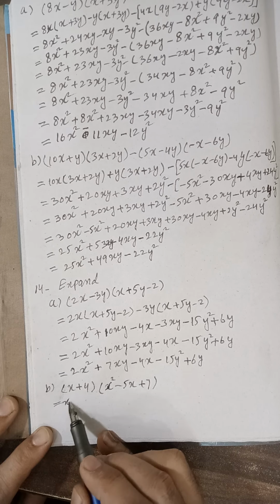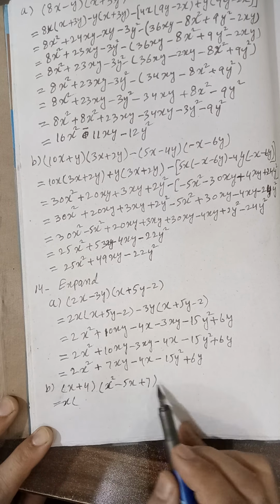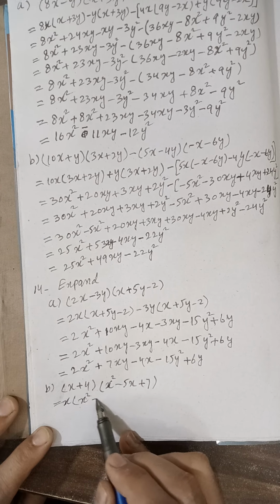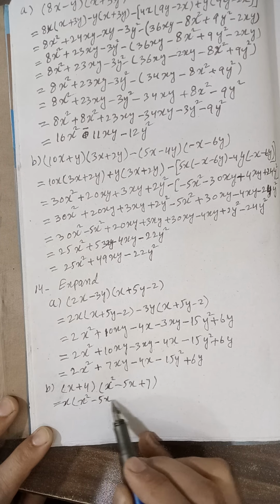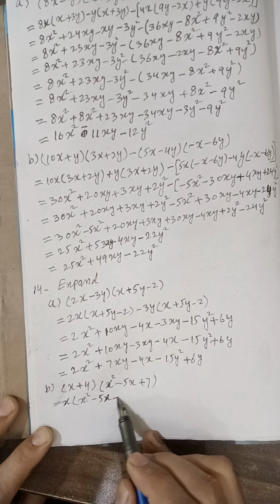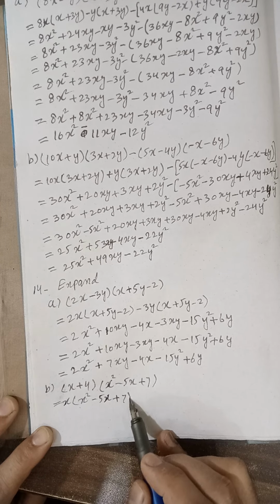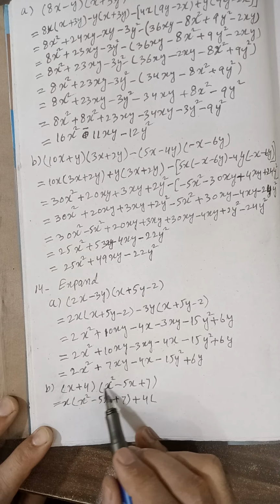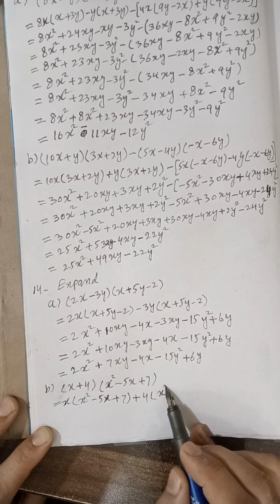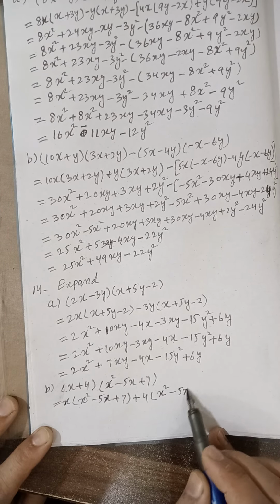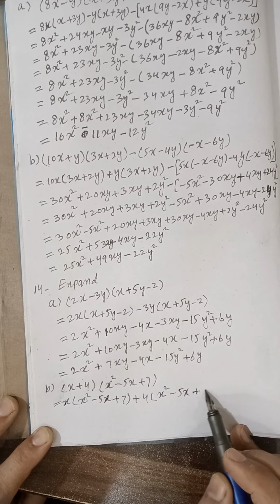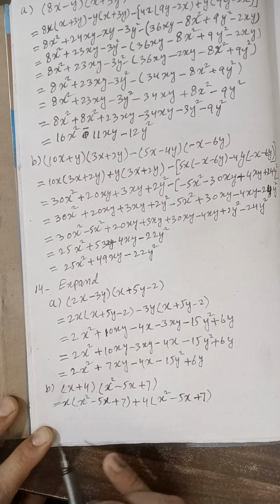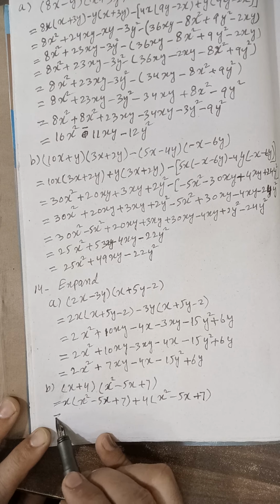Now write this x before the bracket and this whole term inside the bracket. Again plus 4 out, and this whole term inside the bracket. Always split the first term and write the second term in the combined form.